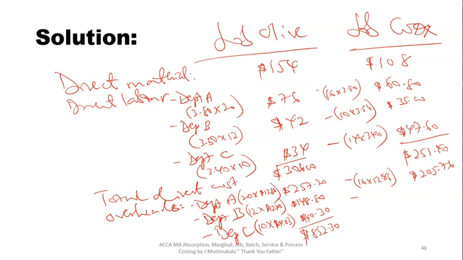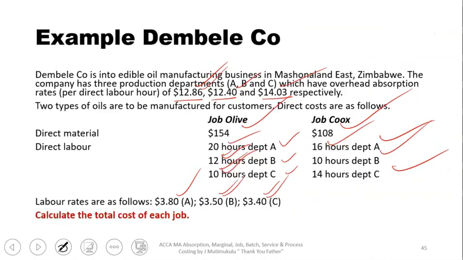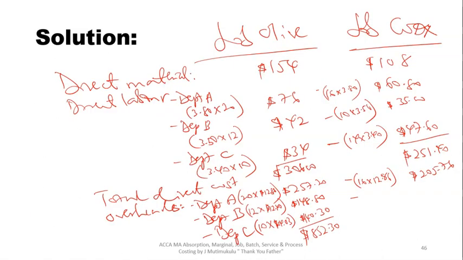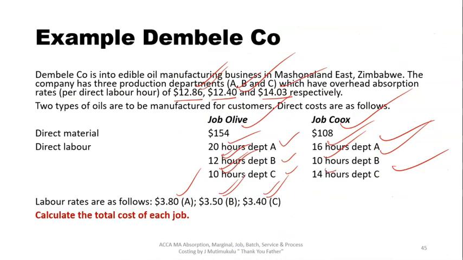We go to department B. They worked 10 hours at $12.40, and this gives us 124. Department C, they worked 14 hours at $14.03.